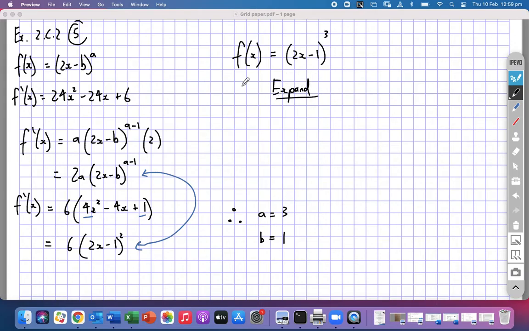We could then take the derivative and just double check, do we really get 24x squared minus 24x plus 6? That would be a little bit of work, but if you had time and you're in a test situation, you could do that check and then be 100% sure that you've got the answer right.